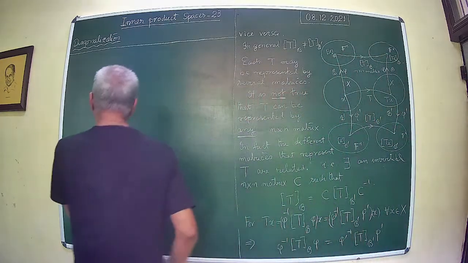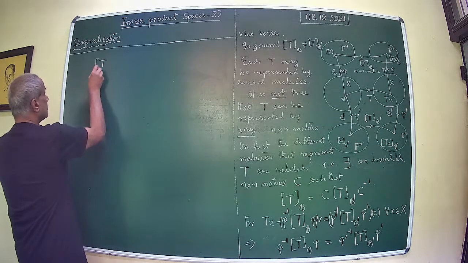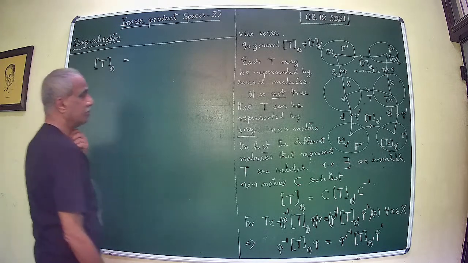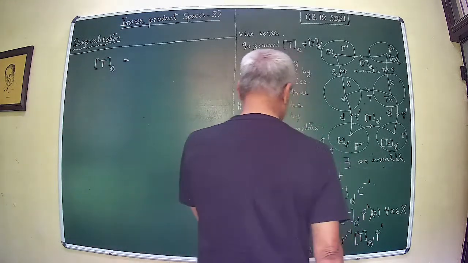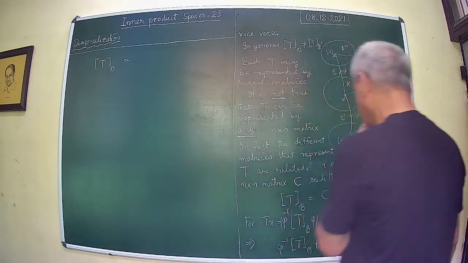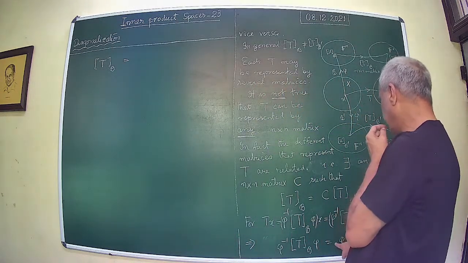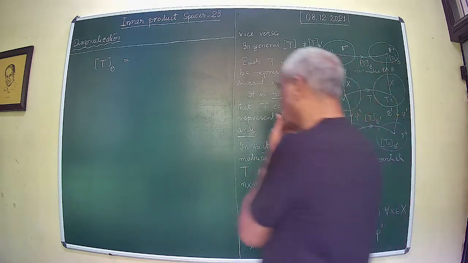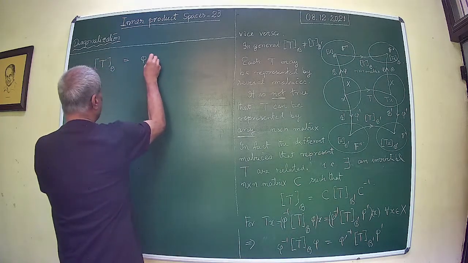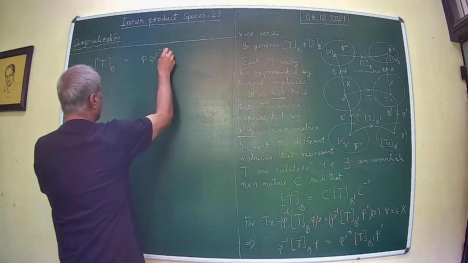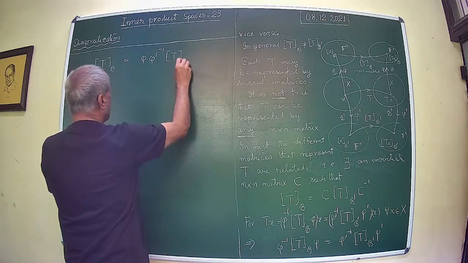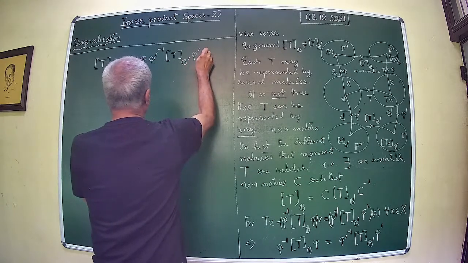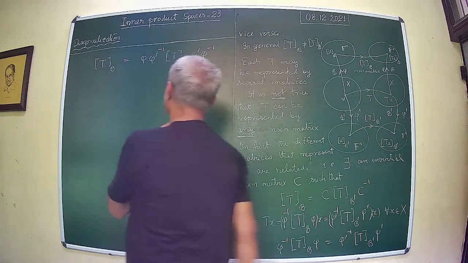Therefore, you have equal to, we will work this out. So you apply phi on this side and phi prime inverse on this side. So you have phi inverse.